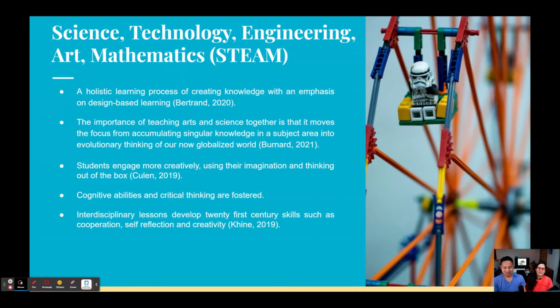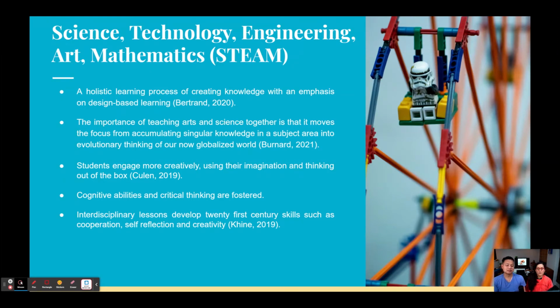So, STEAM lessons are a holistic learning process of creating knowledge with an emphasis on design-based learning. The importance of teaching arts and science together is that it moves the focus away from accumulating singular knowledge of just one subject area into an evolutionary thinking of our now globalized world.